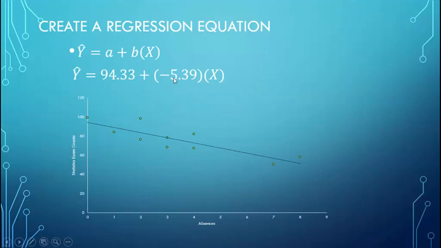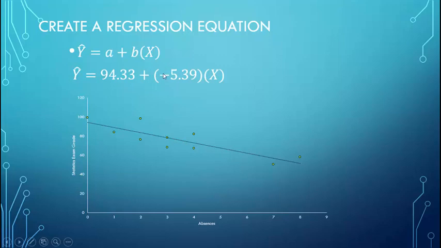A negative slope means that for every unit you go up on the x-axis, so in this case, every time you go up by one absence, from 0 to 1, or 1 to 2, or 2 to 3, you're going down 5.39 points in this case, exam grade.